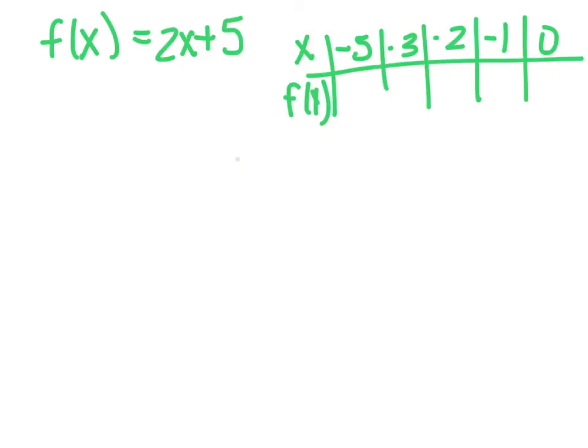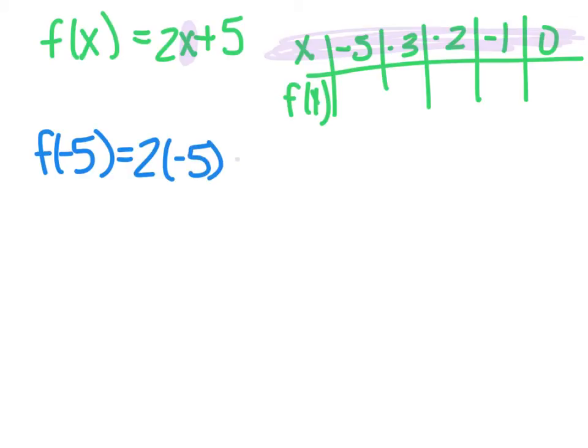So we're going to take these values for x up here, and plug them in for this x here. So let's start with negative 5. f of negative 5 equals 2 parentheses negative 5, plus 5. When we take a letter out and put a number in, we put it in parentheses. Well, 2 times negative 5 is negative 10, plus 5, and negative 10 plus 5 is negative 5.